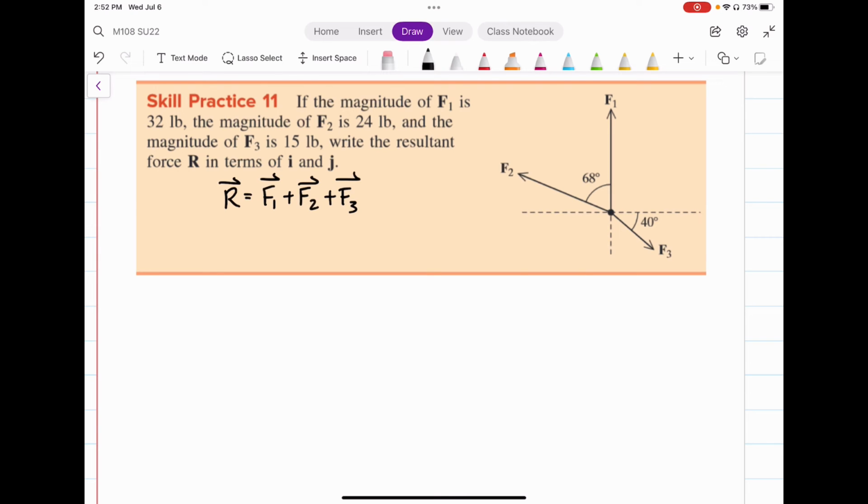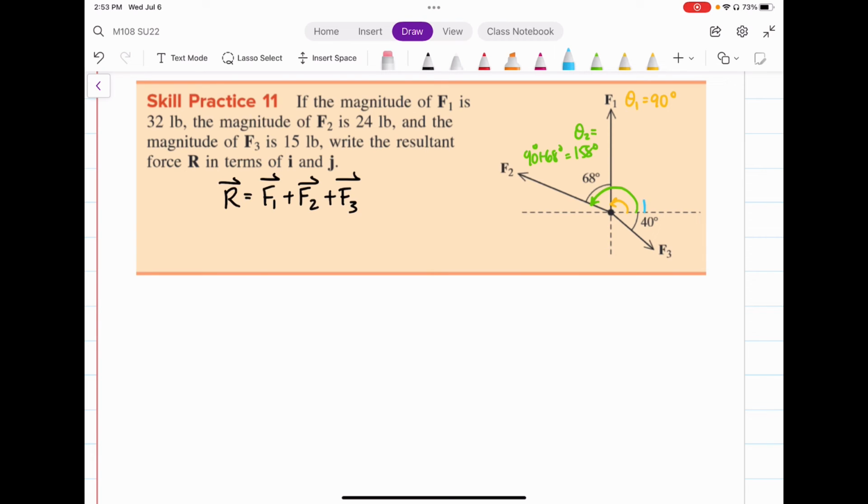So looking at the drawing we have, angle F1 is not listed, but that's because it's straight up, which is 90 degrees. So theta 1 is equal to 90 degrees. F2 from the 0 axis is 90 plus 68 more, which is 158 degrees.